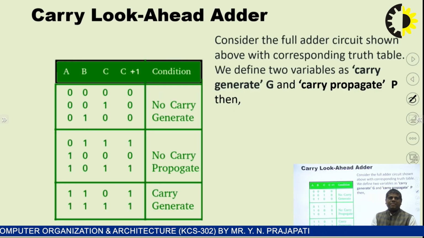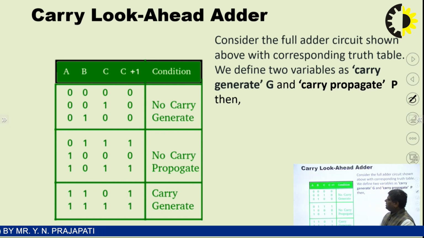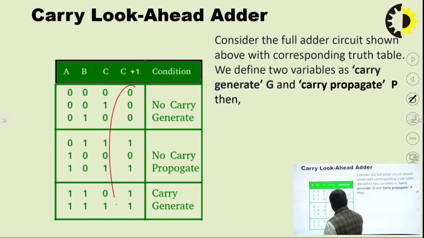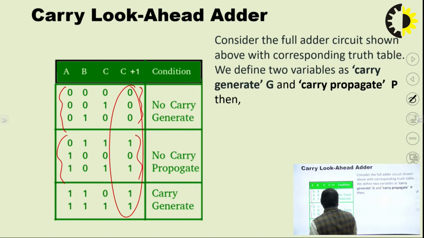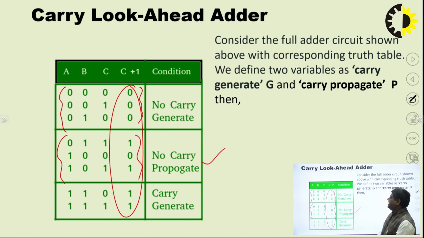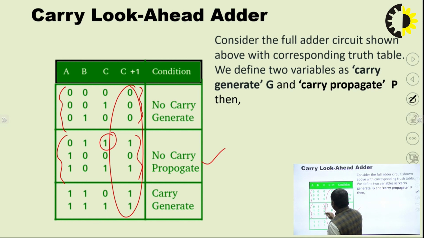This is the truth table of the full adder. If we analyze this carry, then we find how we calculate the advance carry. For these three conditions, no carry is generated. For the remaining conditions, carry is generated, but the carry depends upon the previous carry.